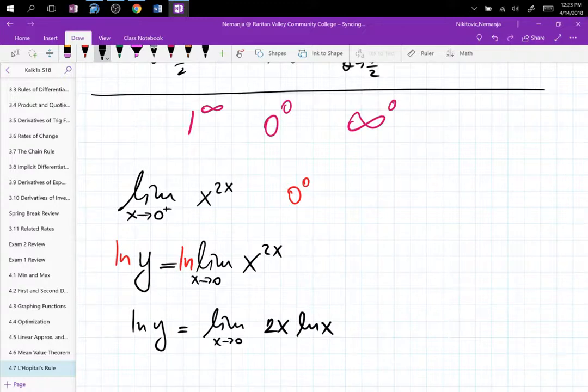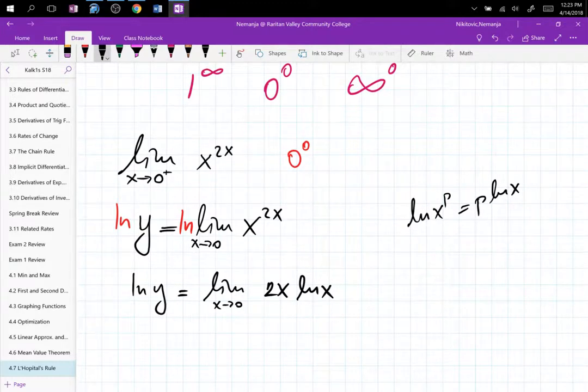The exponent of 2x that was on the argument is kicked outside. You have to remember the formula: ln x to the p is p ln x. That's what we are using. Okay?